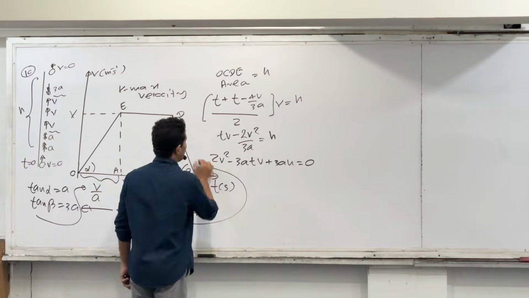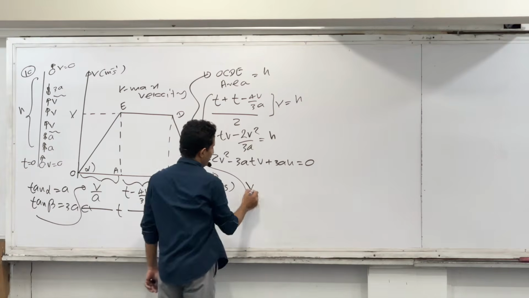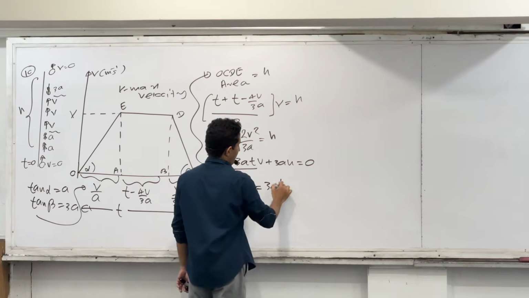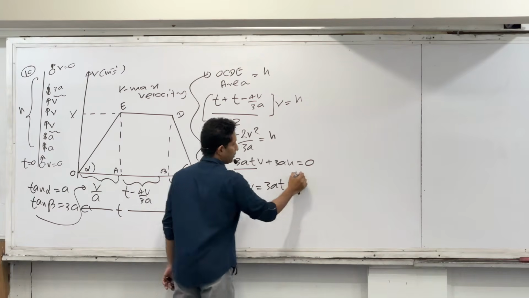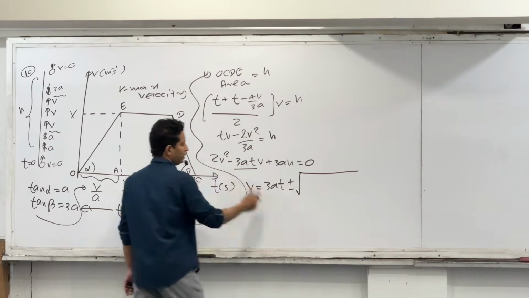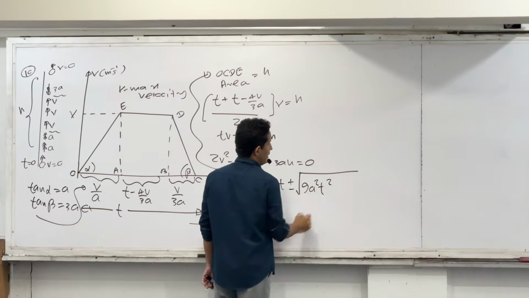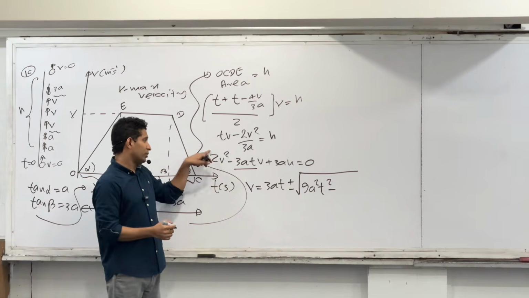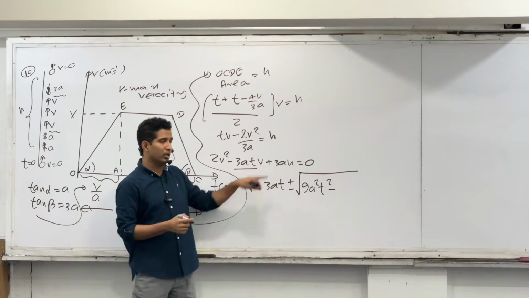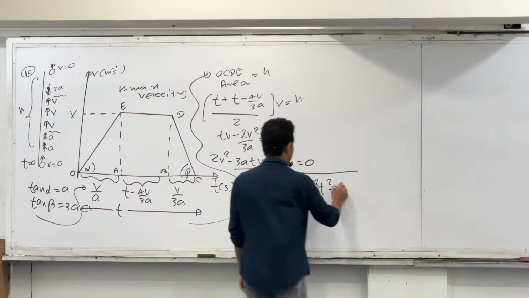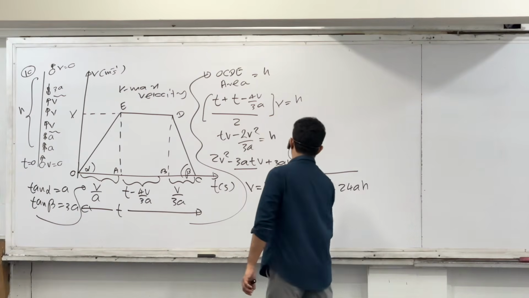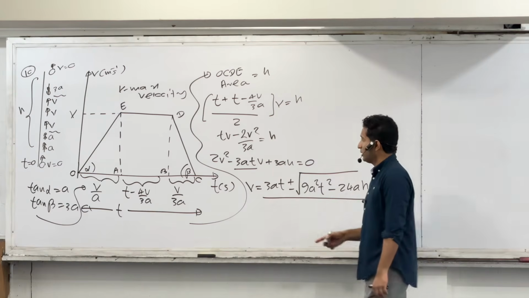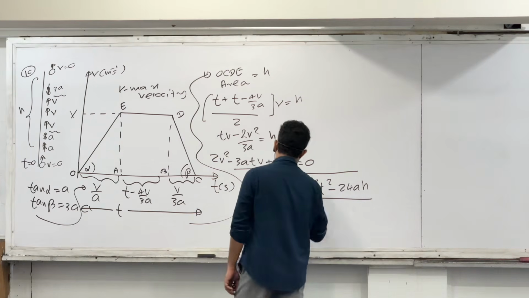No need to write the quadratic equation even. V equals minus B, minus B means 3AT, plus or minus the square root of B squared minus 4AC, which is 9A squared T squared, minus 4AC: minus 4 times 2 is 8, 8 into 3 is 24AH, all divided by 2A, 2 times 2.